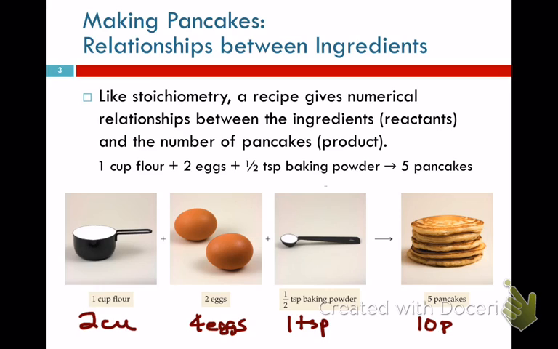That's the mathematical relationship that's in the chemical equation, my pancake recipe. Carry out the math, that comes out to be 8 eggs.